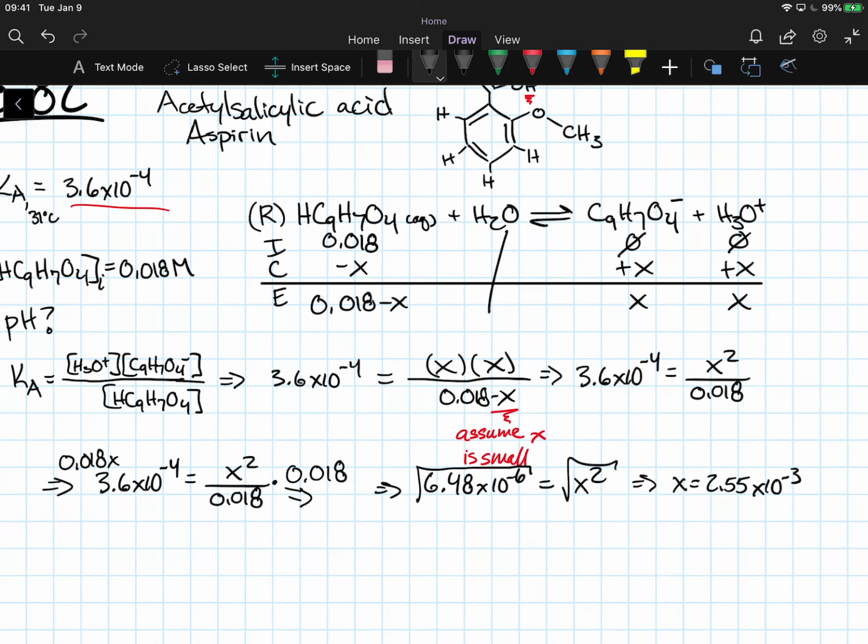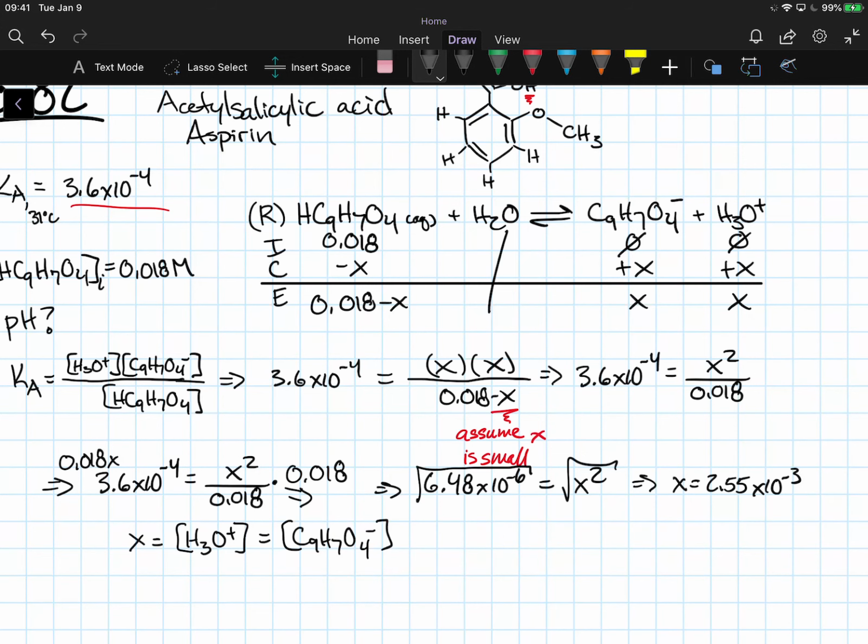Now remember, in this case, X represents the concentration of H3O plus, and it equals the concentration of the C9H7O4 minus. I should have started with HA and A minus.